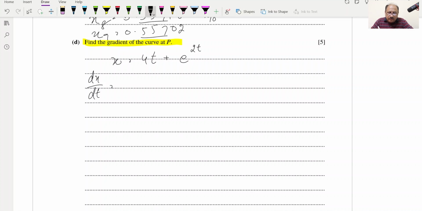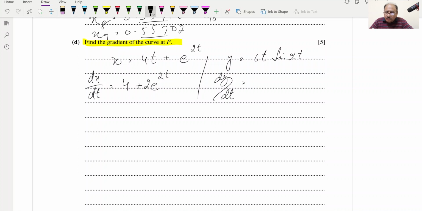So dx by dt we'll find, then dy by dt we'll find, and then we'll apply the chain rule. So dx by dt, the derivative of this will be 4 plus e raised to 2t into 2, so we can write here 2. And then y is equal to 6t sine of 2t.